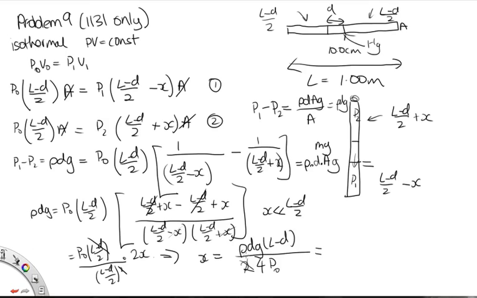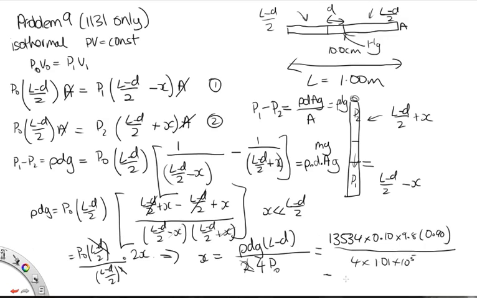Okay, now we need to look up the density for mercury. In kilograms per meter cubed, it's 13,534 times D, which is 0.10, times g, which is 9.8, times L minus D, that's 1 meter minus 10 centimeters, so that's 0.90, all over 4 times, initially it was at atmospheric pressure, so that's 1.01 times 10 to the 5.